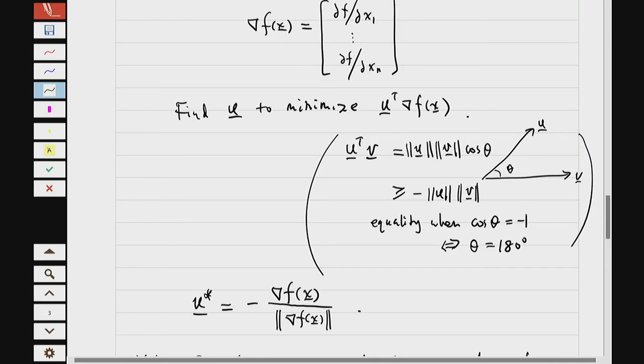And then I want to normalize it because this U only represents a direction. So it has to have a unit norm. The norm has to be equal to 1. That's why I have to divide, so that this whole thing has norm 1. When you rearrange the equation, don't you get the norm on top and the gradient at the bottom? Rearrange the equation? What do you mean?